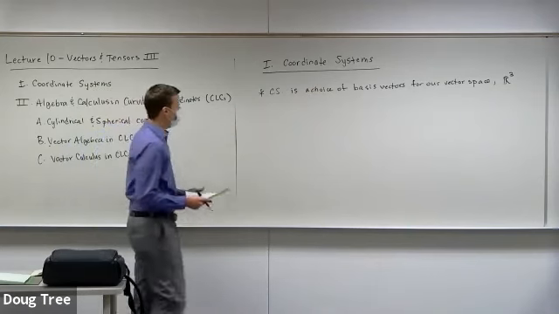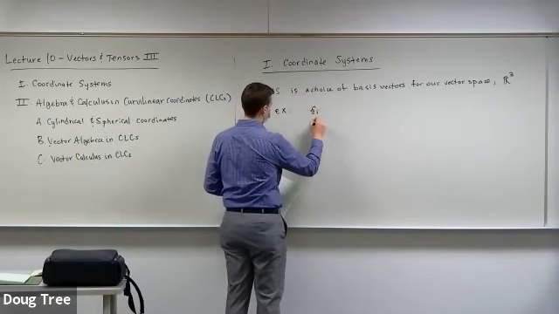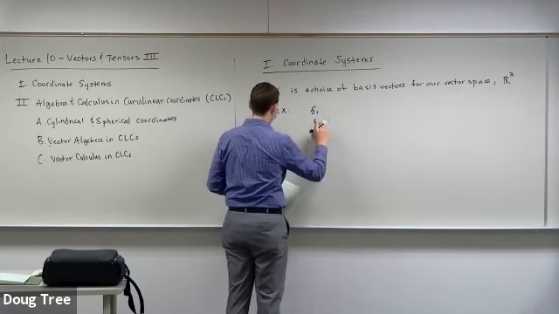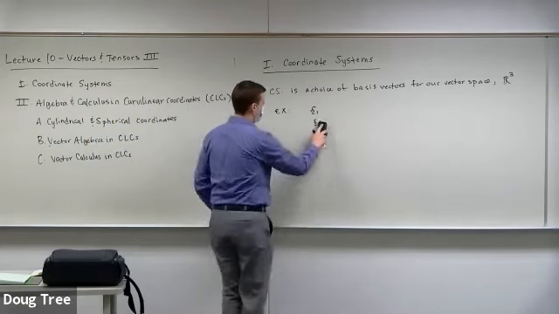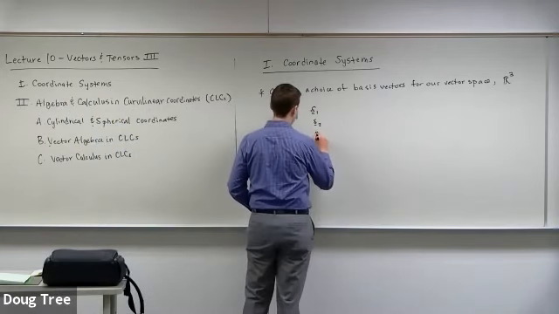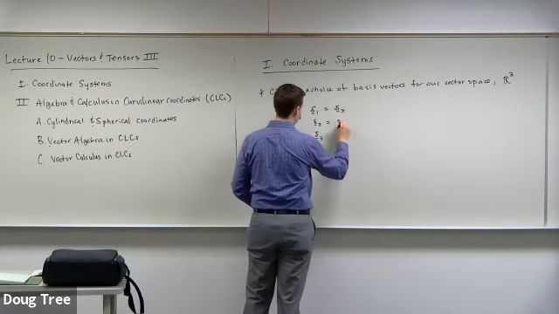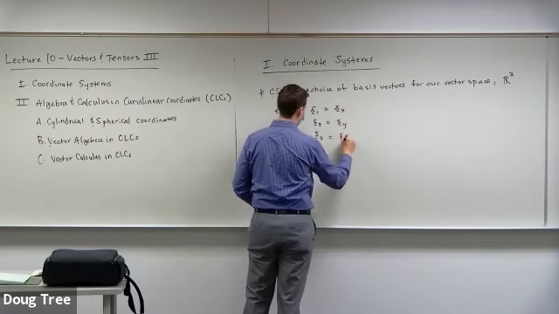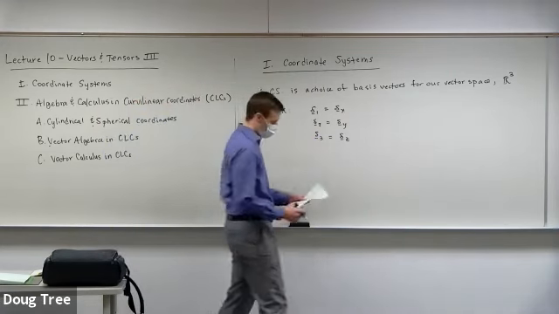For example, if we're going to use delta 1, delta 2, and delta 3 as our basis, and I pick these 3 basis vectors to be x, y, and z, that's the Cartesian coordinate system.